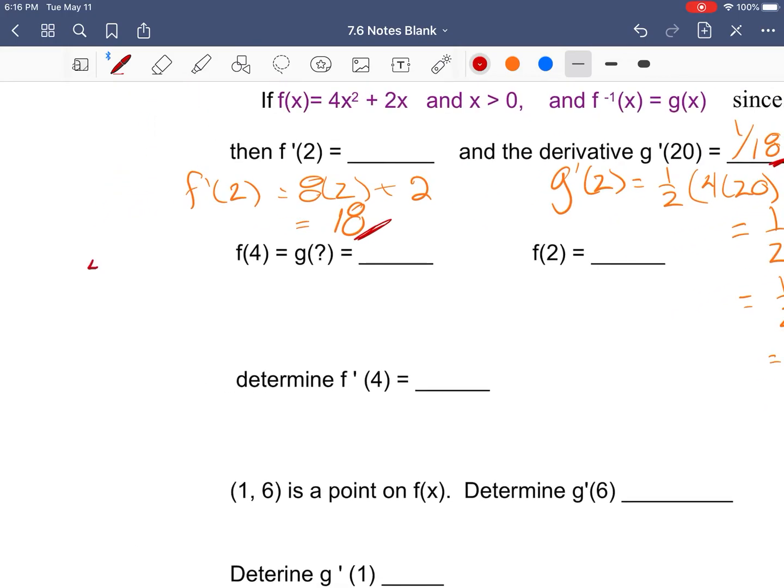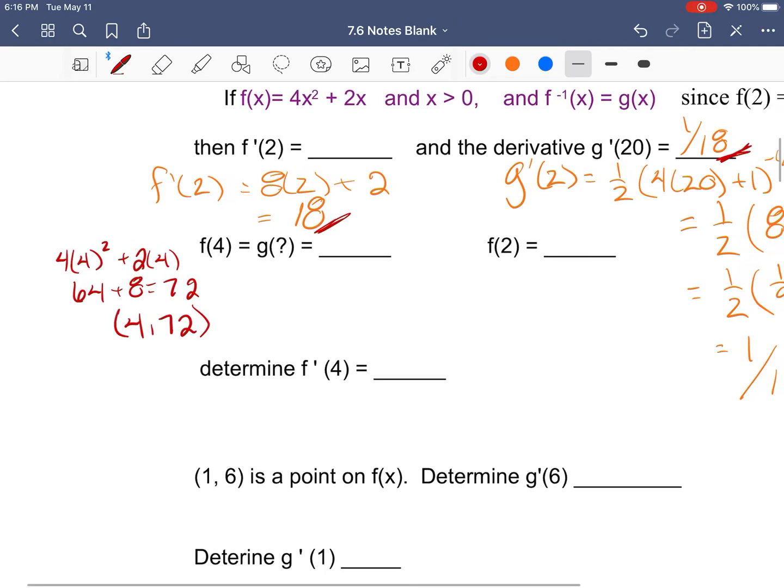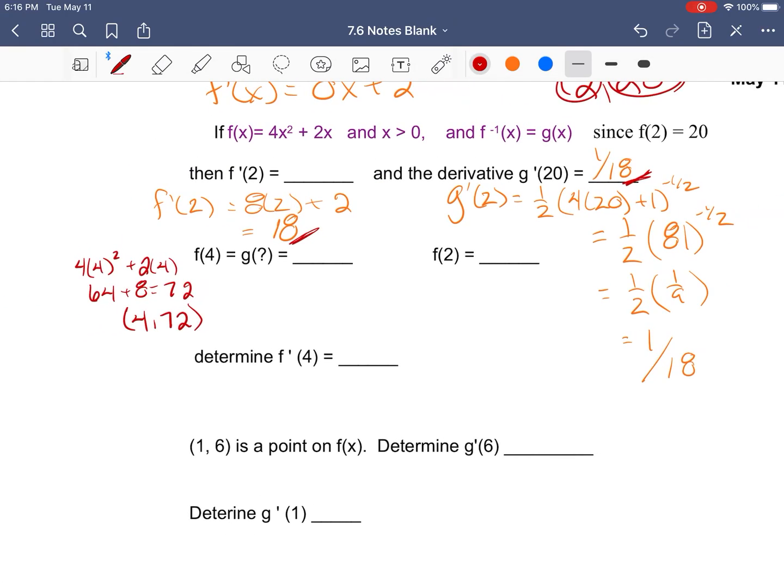So if we are looking for f of 4, well, f of 4 is going to be 4 times 4 squared plus 2 times 4. So 64 plus 8 is 72. So we have the point (4, 72). So determine the derivative at 4.